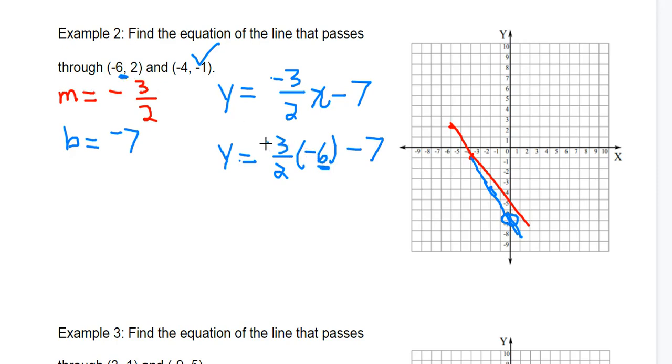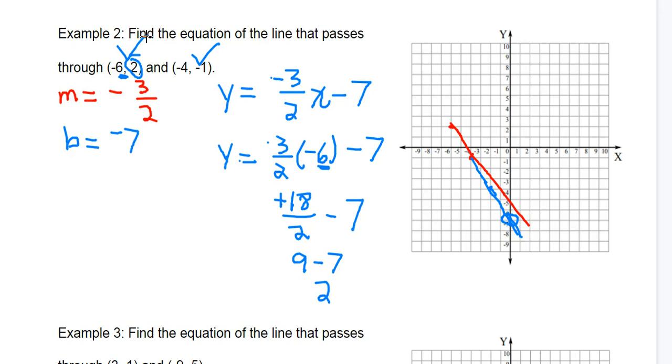So -3 times -6 gives us positive 18 over 2 minus 7. 18 over 2 simplifies to 9 minus 7. So I get 2, which is good because that's the 2 that I got right there. So it checks for that point as well.